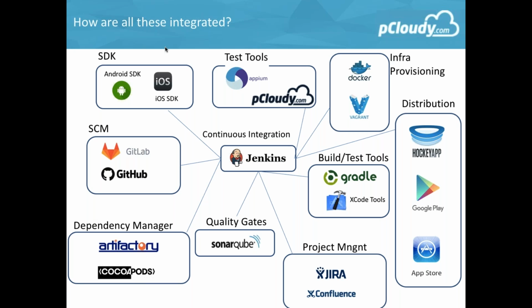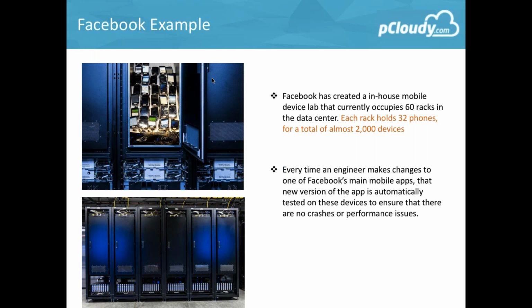One is the device infrastructure and one is the automated piece. The automated piece can be handled by a tool named Appium, which is a very popular open source tool. And the device infrastructure is what we are providing as part of pCloudy.com. There are some other solutions as well. So that's how the overall tool set fits into the CI/CD process.